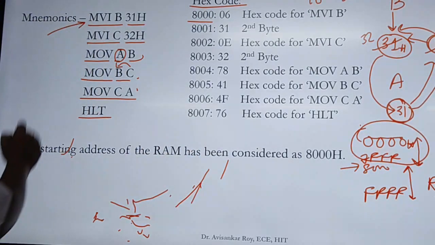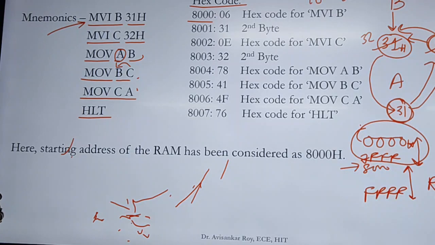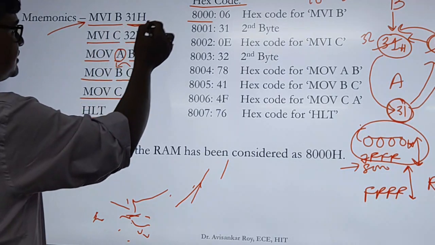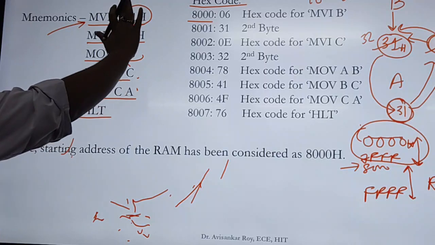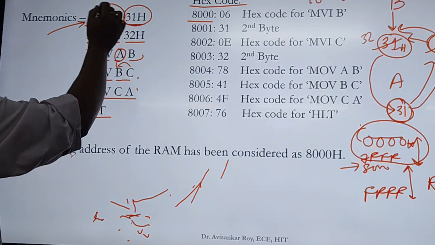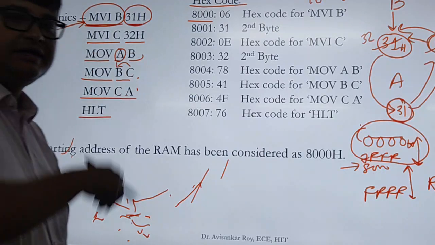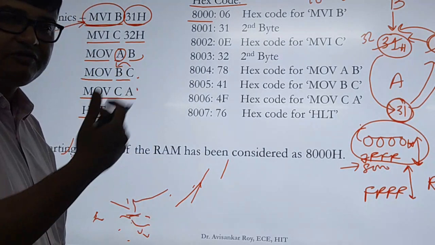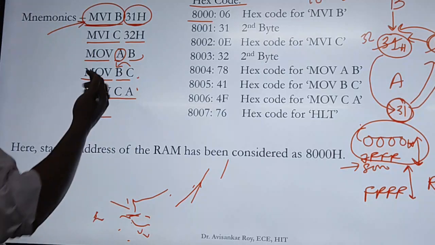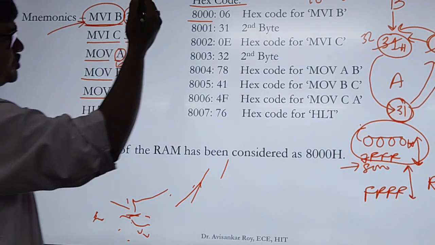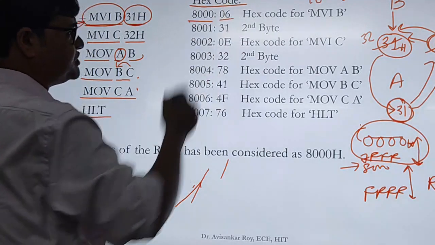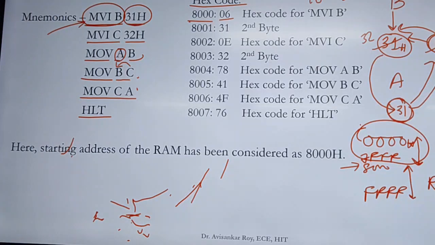So first is MVI B, 31. Here, what is the data? Only the 31 is the data, so leave that part. For the rest, for MVI B, there is a particular predefined hexadecimal code in this chart. From the chart we find the code, and the code is 06. So we write down 8000 and 06. It is the hex code for MVI B.